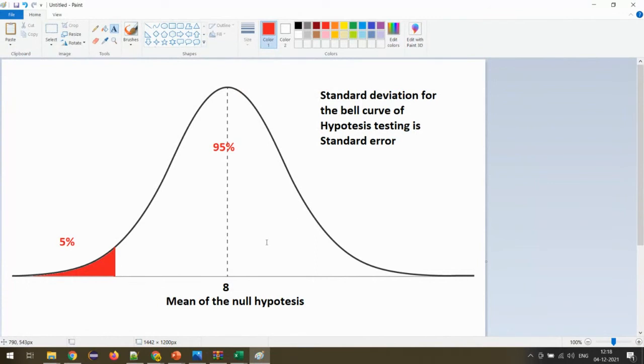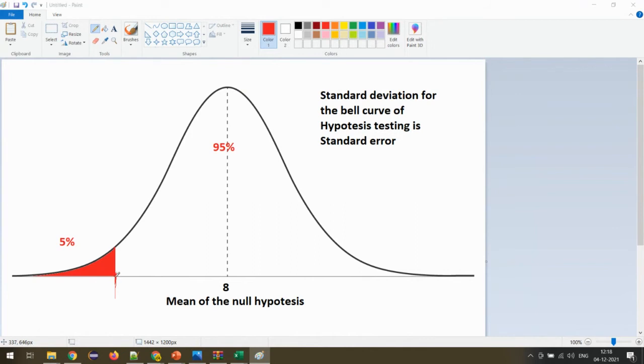Anyway, now this is the problem we have. We have only one final step remaining, or we can say two final steps. First, we painted this, and we know the area here is 5%, but we don't know this value here. We have to find it. How do we find it?